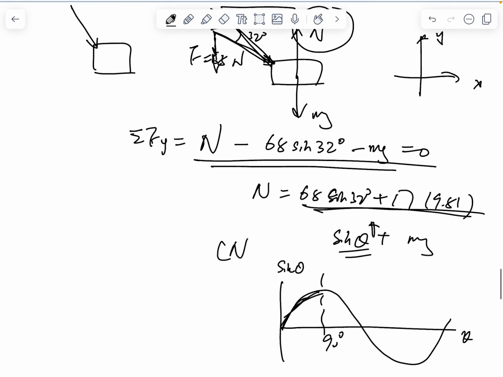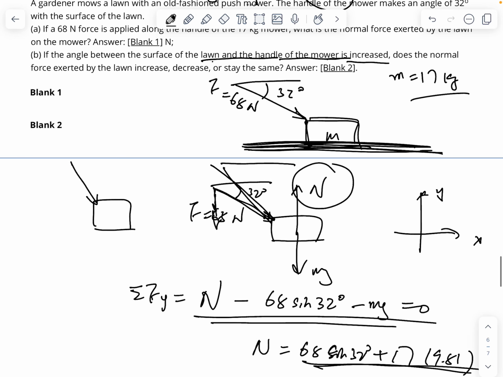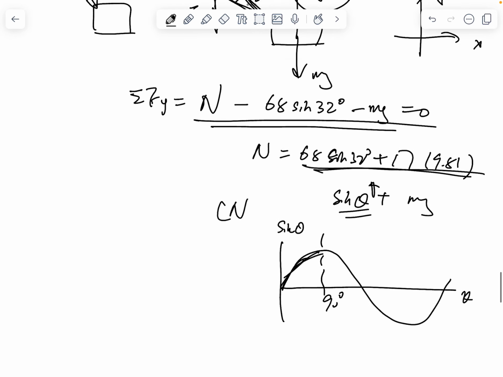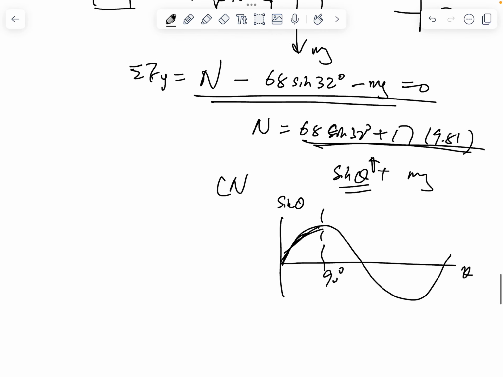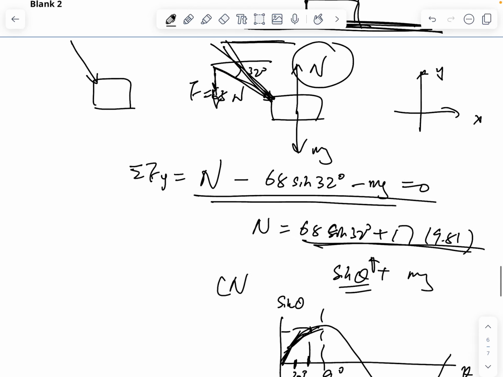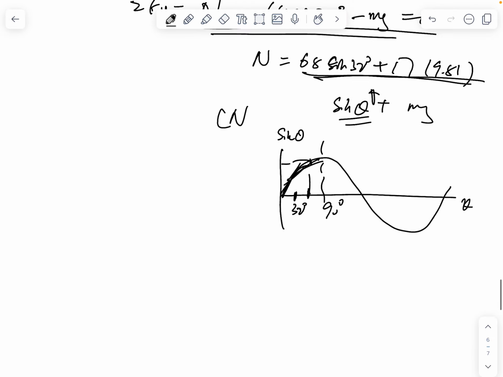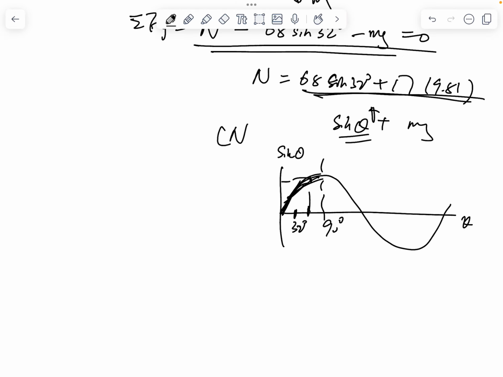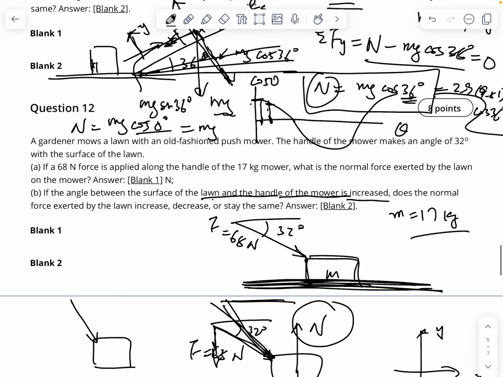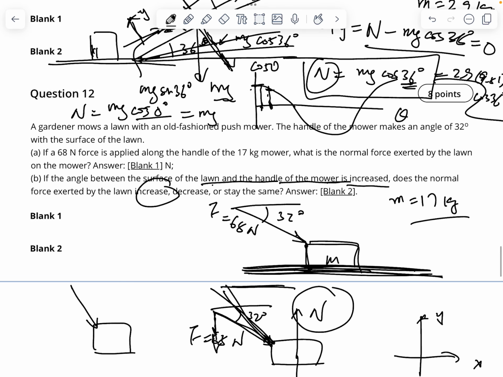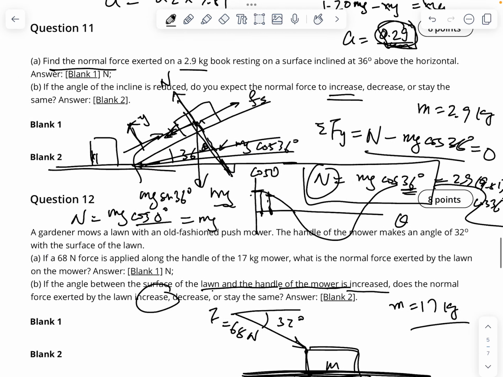So as the angle increases, sine theta increases, so the normal force increases. So that's all for this chapter.